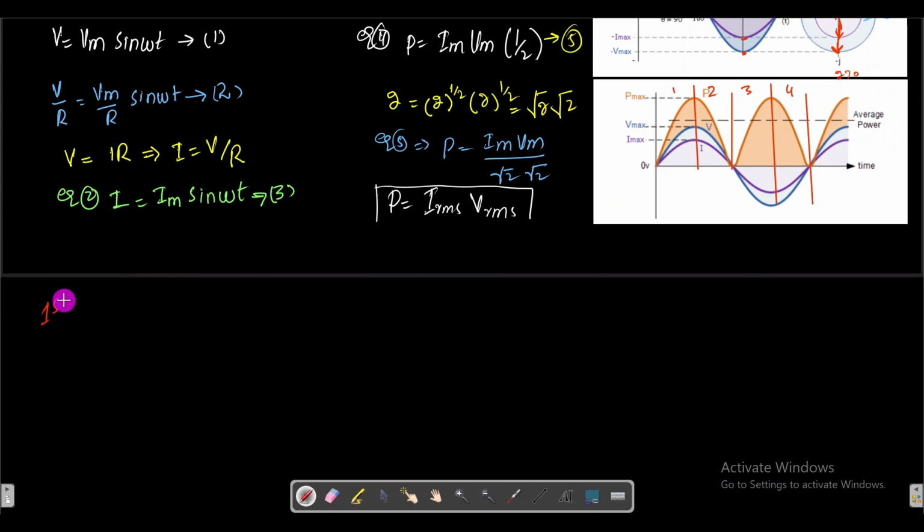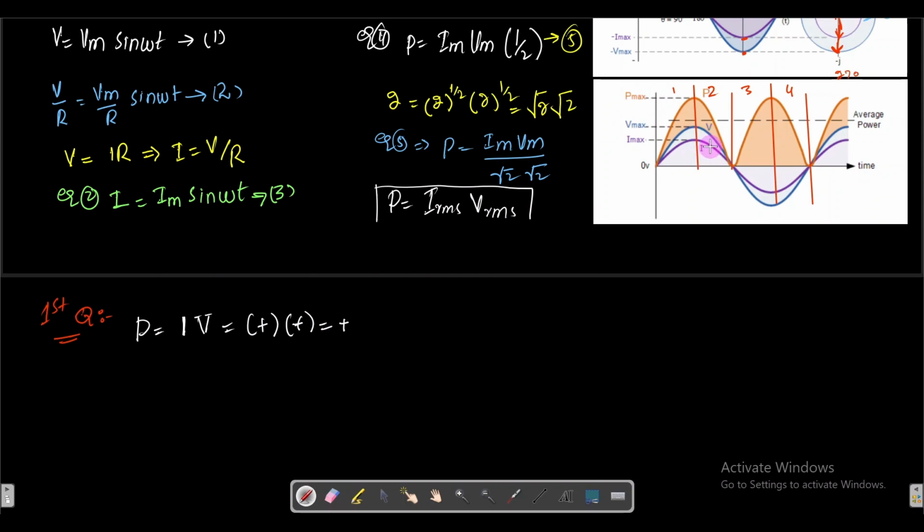So for this first quadrant, P is equal to I and V. In this first quadrant, the value of I is positive, and the value of V is also positive, and it will give us the positive value. So here the value of this power is positive.